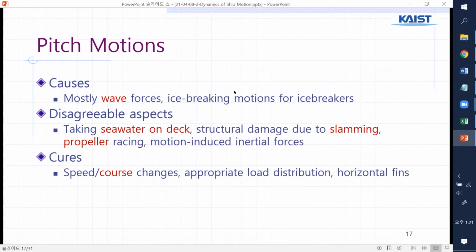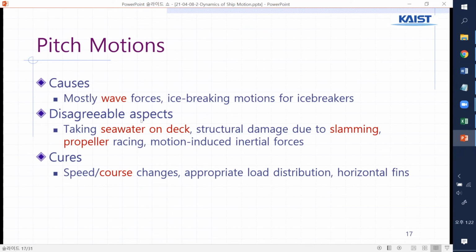And there is the ice-breaking motion for icebreakers, because an icebreaker breaks ice by riding on top of the ice and then pressing down to break the ice using the ship's weight. Once the ice is broken, the ship plummets down into the water because there is no ice resistance. That's why the pitch is coming.